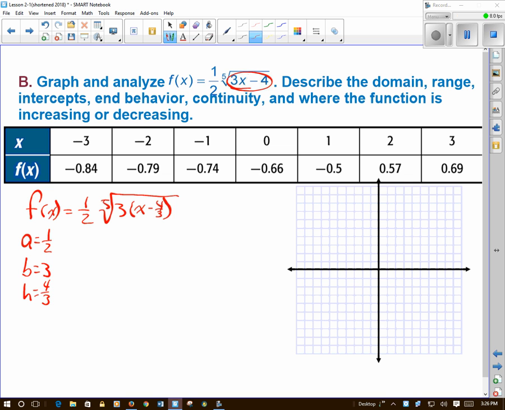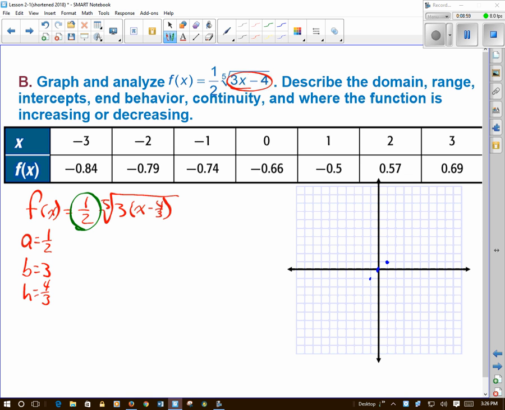Let's get a few points here to help us see just where that's going to be. We know the parent function goes through 0, 0, 1, 1, and negative 1, negative 1. So let's look at how those are transformed. If we apply the 1/2 first, we see that each of the y values of the 1, 1 and the 1, negative 1 are going to be cut in half.